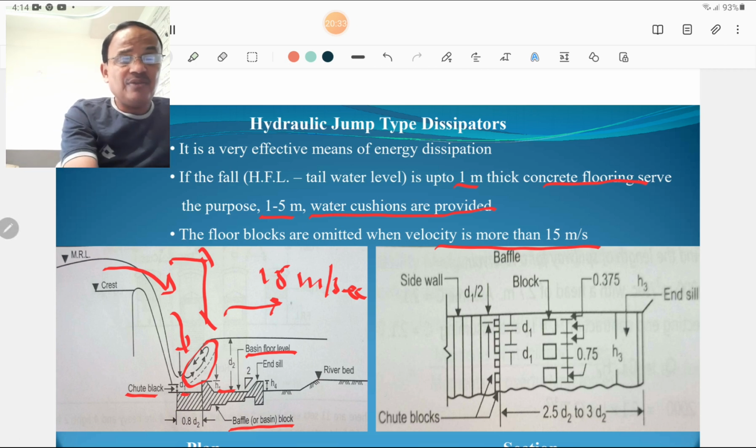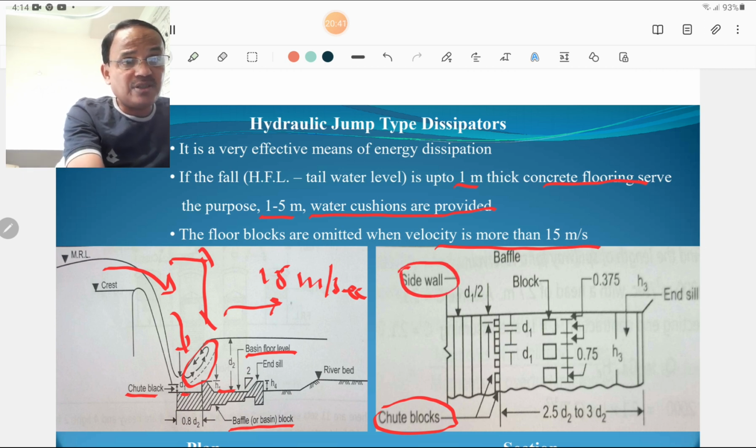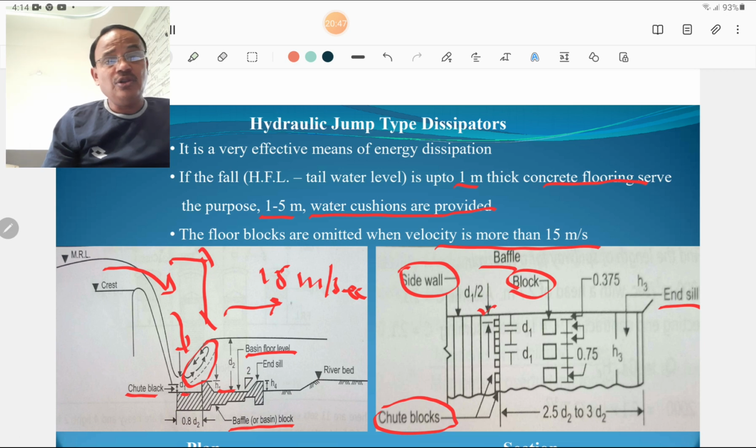This is the plan for the spillway hydraulic jump type dissipators. These are the chute blocks provided. This is the side wall for the chute blocks. This is the baffle as shown here. These are also blocks, and this is the end seal. So you must remember such arrangements which are used for hydraulic jump type dissipators. All these components and all these figures you must remember for your preparation of multiple choice questions.